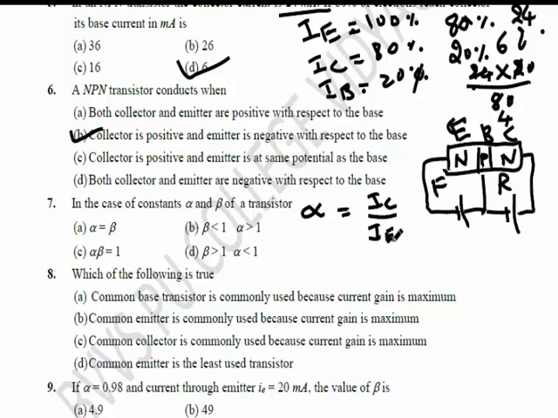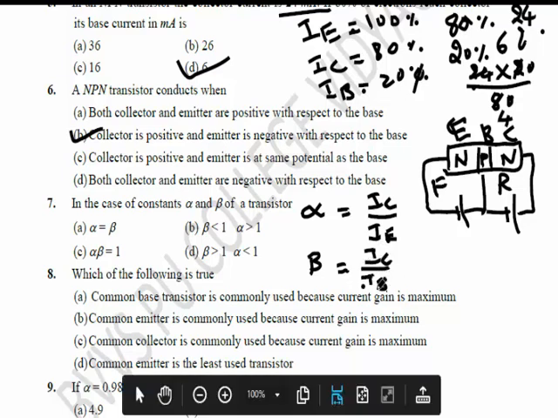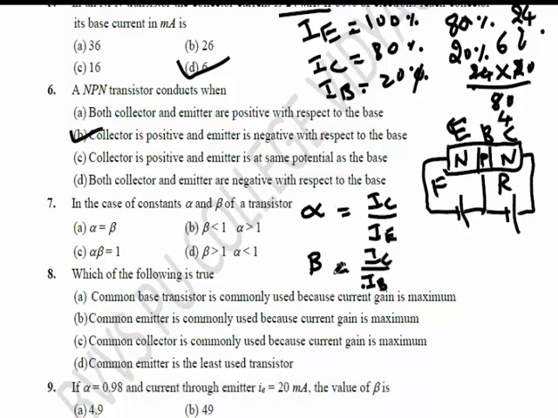Beta is the ratio of collector current IC to base current IB. So IC by IE is alpha, IC by IB is beta.